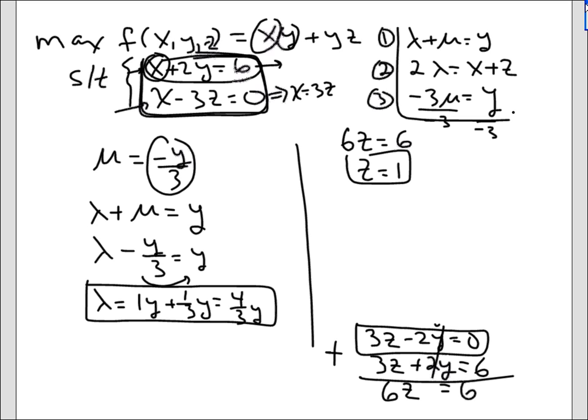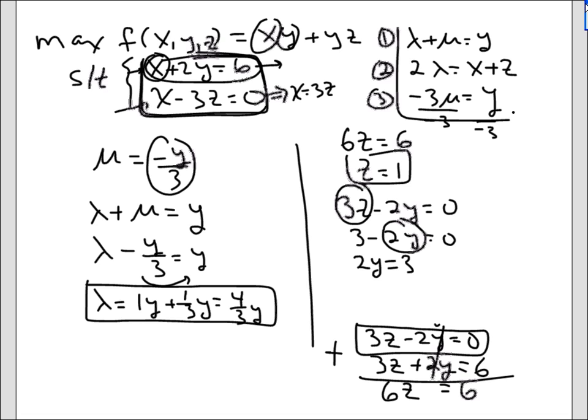And you know that 3z minus 2y is 0. But z is 1. So 3 minus 2y is 0. So 2y is 3. So y is 3 over 2. So now we have that. And I guess the next one is simple.